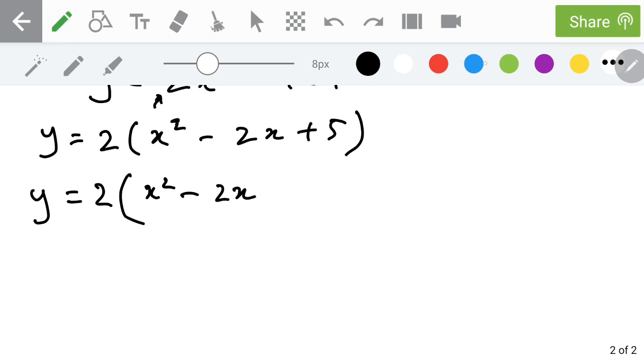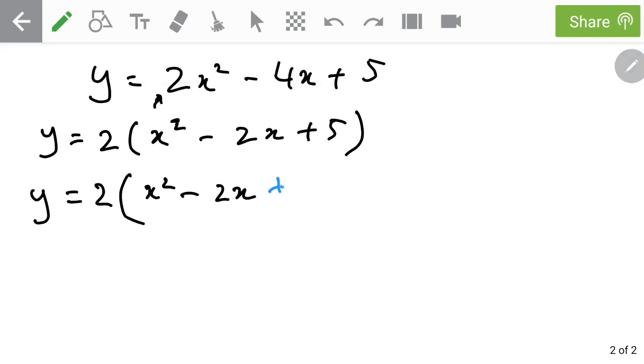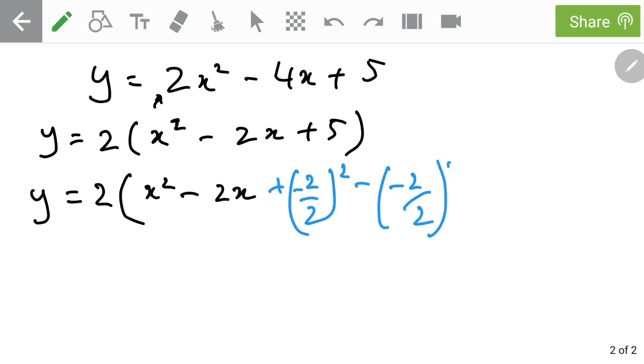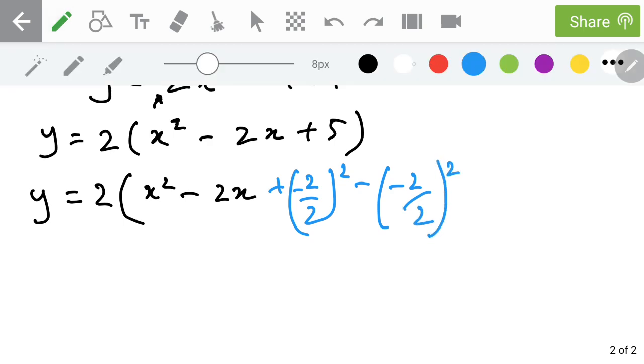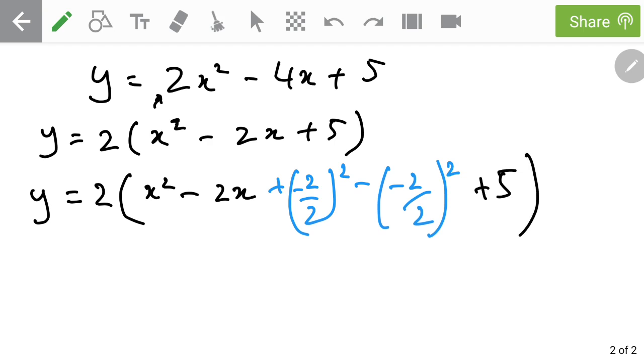So I'm going to change the colors. Plus 2 over 2, minus negative 2 over 2 squared, and then plus 5 over 2.